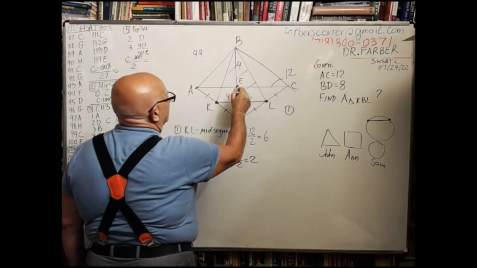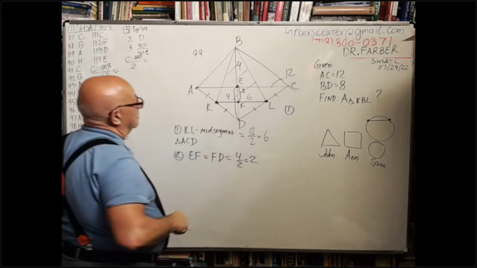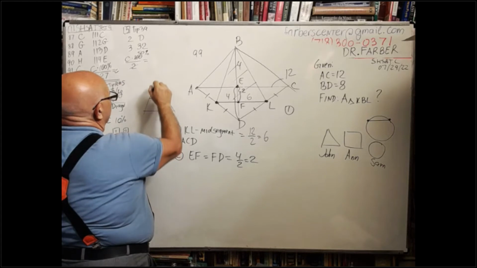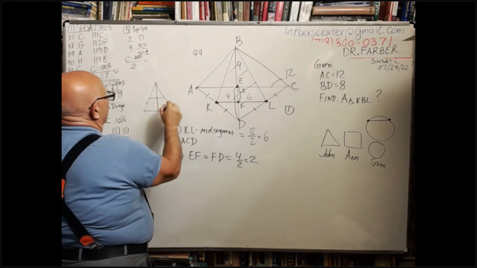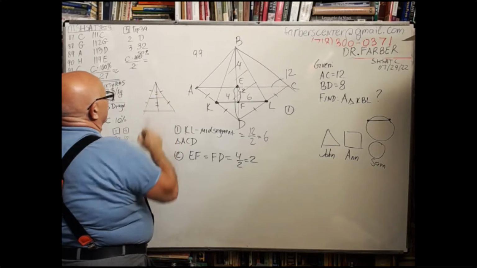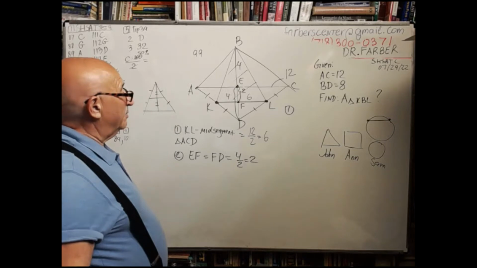Now I know this is 2, and this is 2. Because if you have a triangle mid-segment, this equals this, this equals this, and this equals this, always. Property of mid-segment.